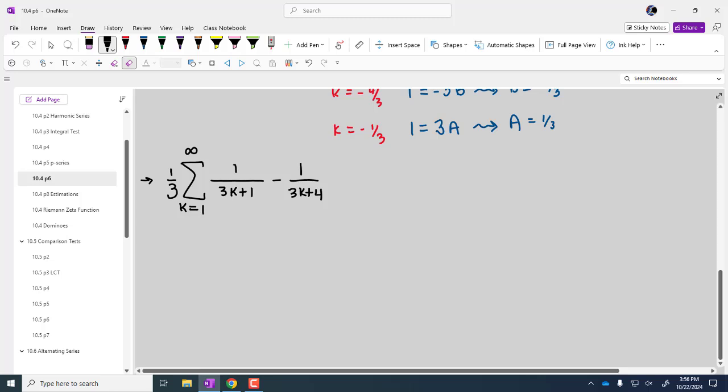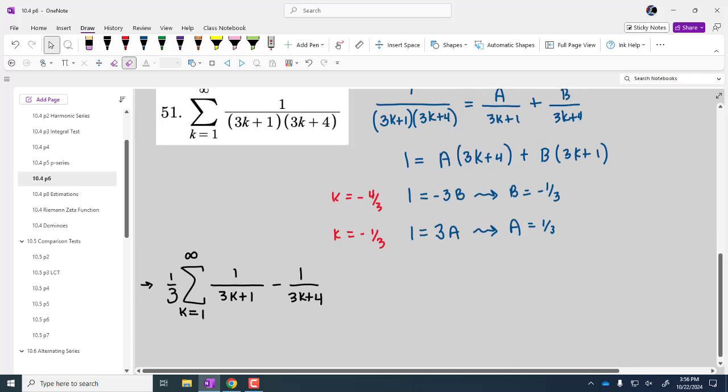Why aren't we doing an integral? You could do an integral. The biggest issue there is we're going to get an indeterminate form.